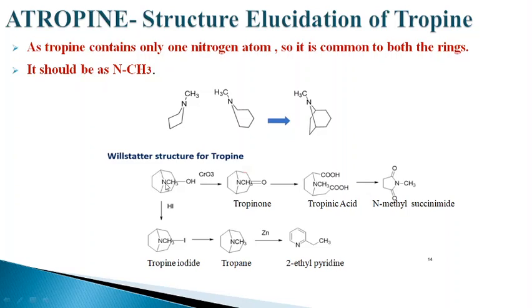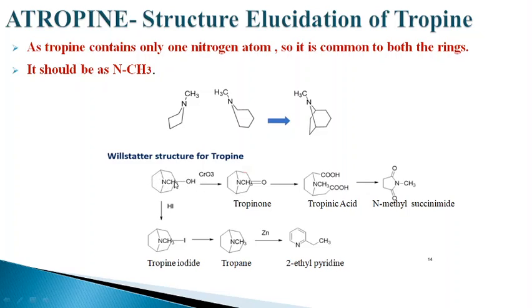We have to substitute one hydroxyl group also, a secondary hydroxyl group, as we know that tropine is optically inactive. So if we substitute it on these two carbon atoms, this won't do. This is the symmetry axis present in tropine.